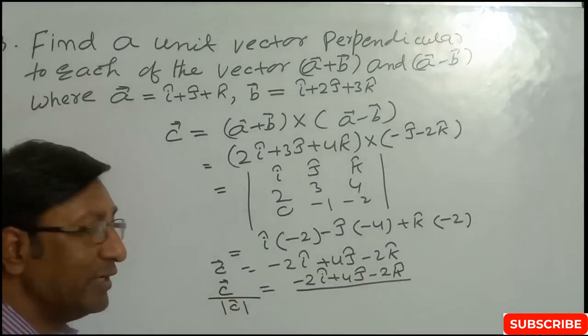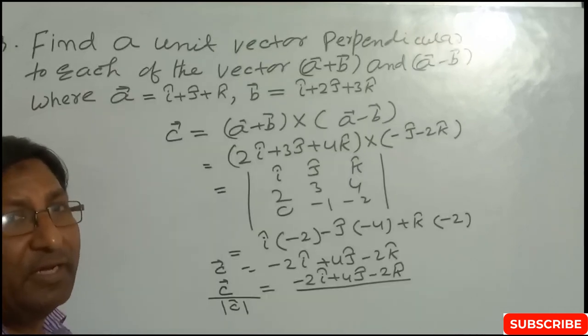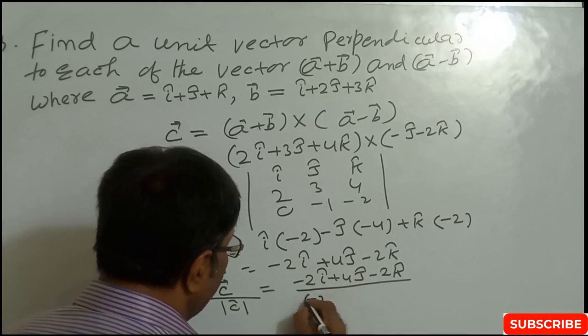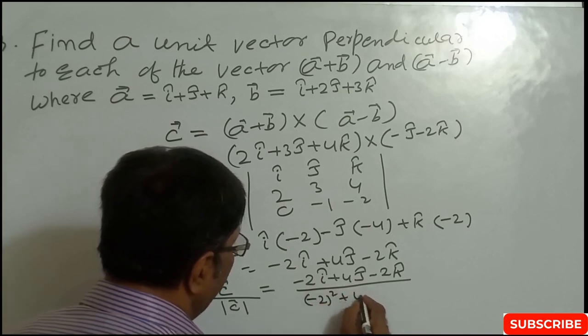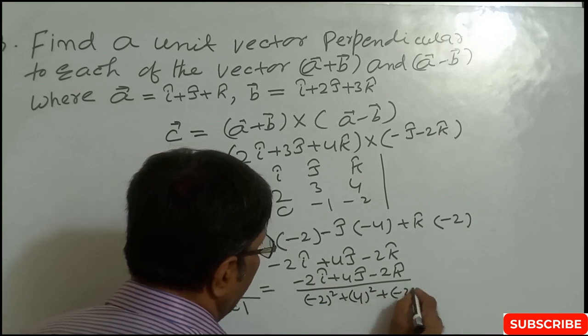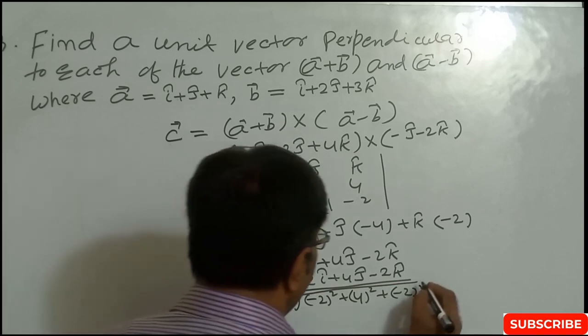अब जानते हो magnitude of vector क्या है? Square root of the sum of squares of the coefficients of the unit vectors. So here minus 2 whole square plus 4 whole square plus minus 2 whole square and this is square root. तो ये क्या मिलेगा?